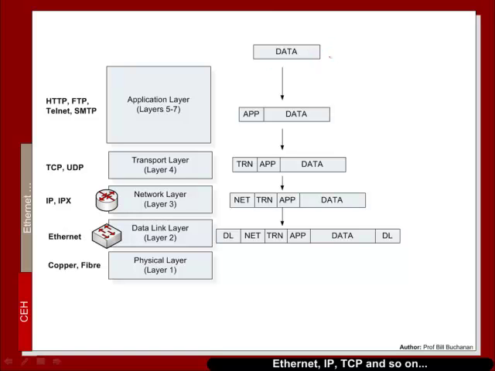So as we've seen with our model, we take our data, we stick on some extra application data, we then add our transport data at the network layer, so this is where we get routers, and we add on our data link layer. So this normally involves framing the data into a data frame, and then that's actually sent over the network over some copper or fibre connection.